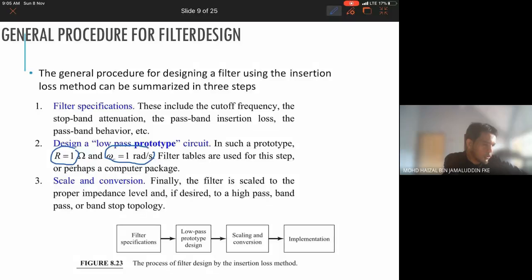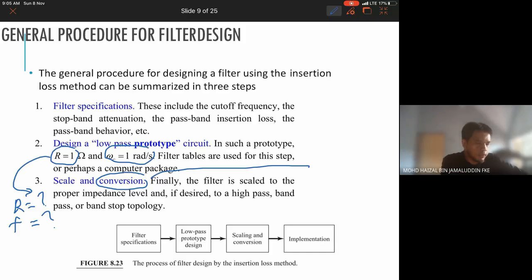Here, we multiply back with the real value of impedance and the real value of frequency. At the same time, if we want to design not only a low pass filter, we need to do conversion to either a high pass filter, band pass filter, or band stop filter. So we need to do the conversion.